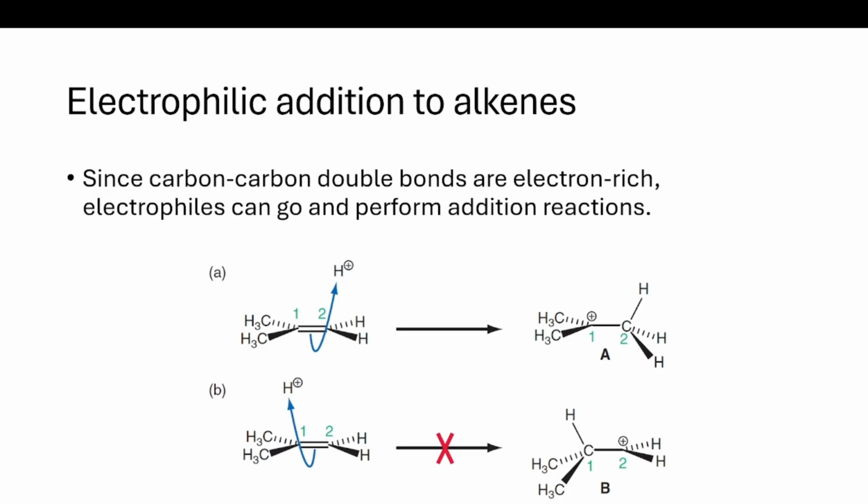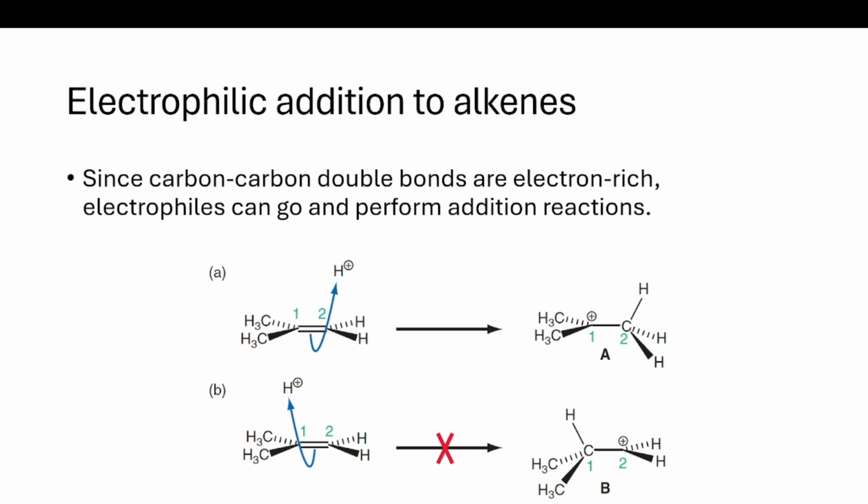In addition to elimination reactions, we can also have electrophilic addition to alkenes. This is because carbon-carbon double bonds are rich in electrons. So if you have some sort of electrophile, like a proton, it can perform addition reactions.